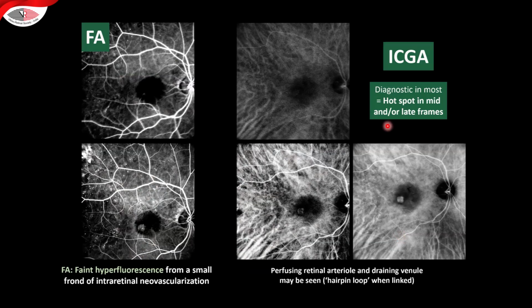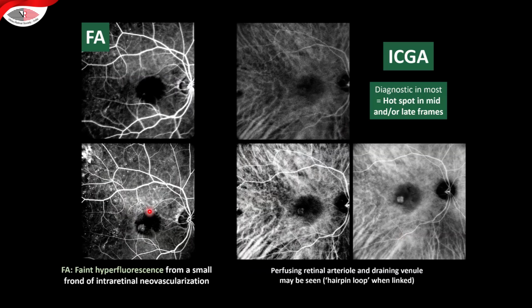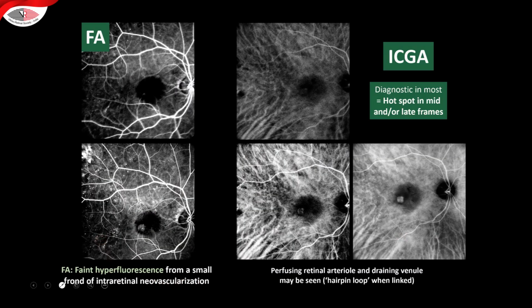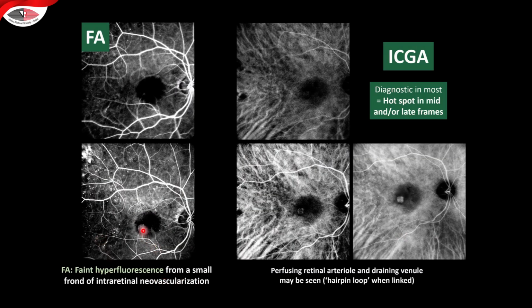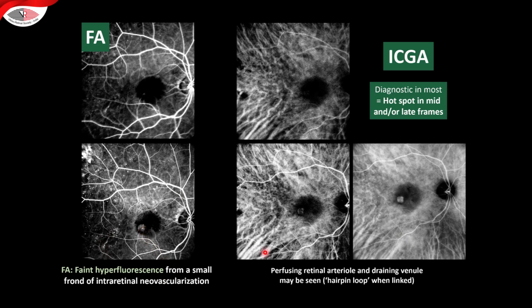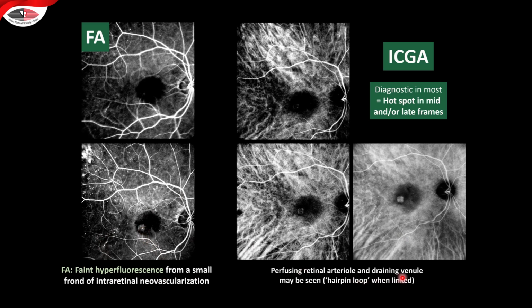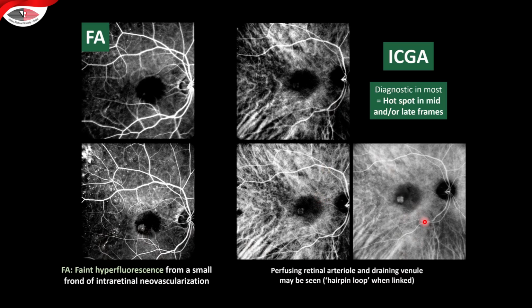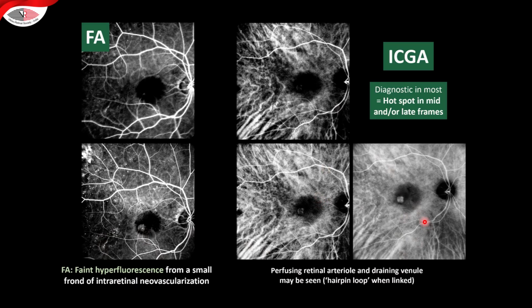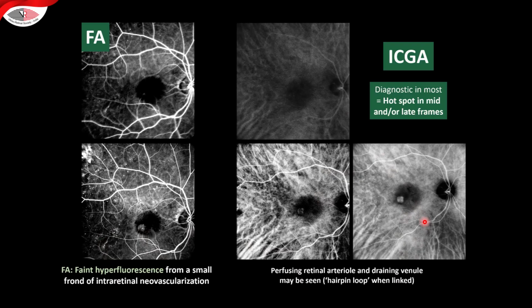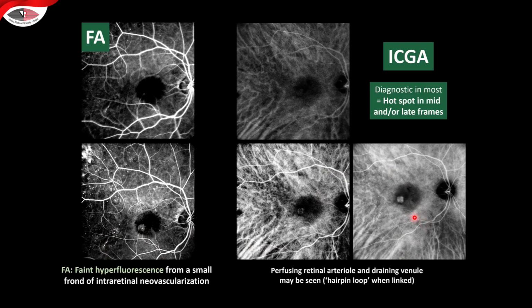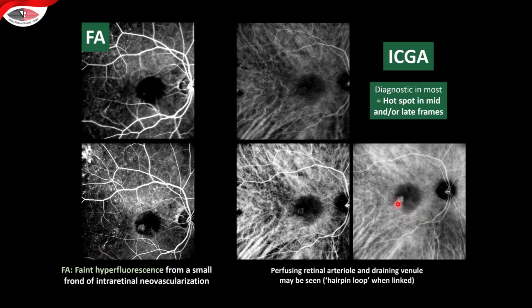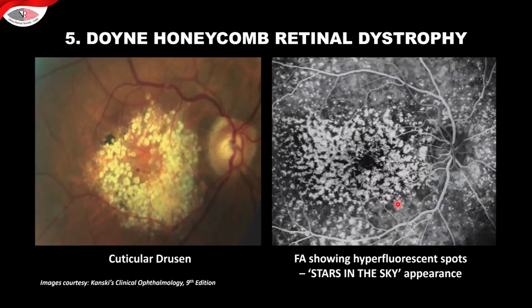When you do the angiography, you will see the faint hyperfluorescence from a small front of intraretinal neovascularization within that complex. A perfusing retinal arteriole and draining venule may also be appreciated in these cases. So the diagnostic sign in most is the hotspot in the mid or late frames, which comes up in the middle of the lesion, seen quite classically.